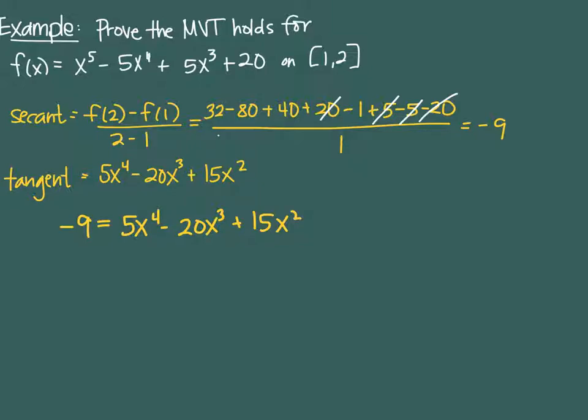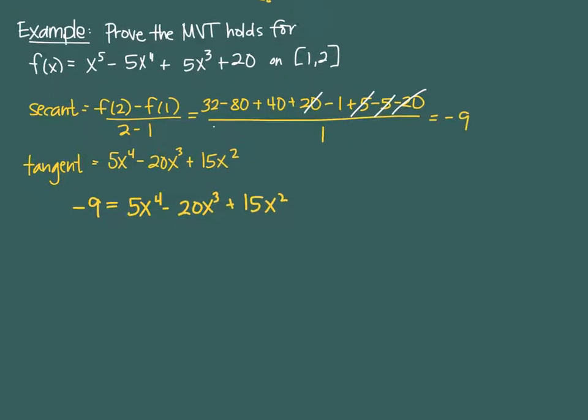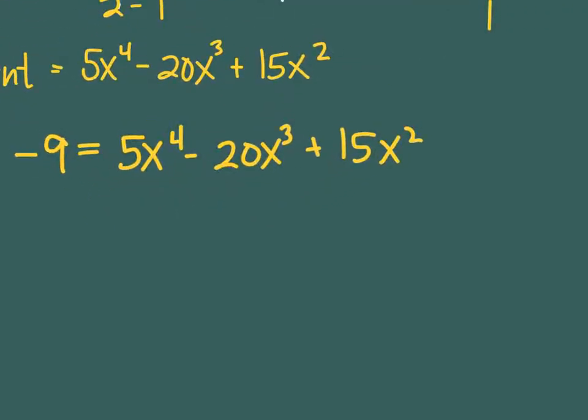That should be solvable. Now you can use your calculator to solve that. So I'd graph this equation and find the intersection points. And there's guaranteed a solution that fits that problem within the interval.